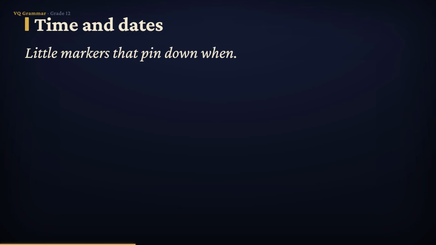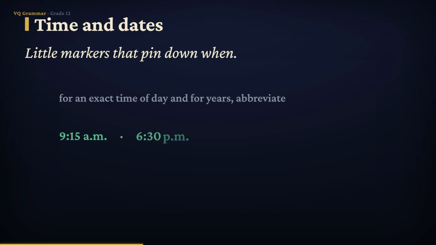Now time and dates. For an exact time of day, we use AM for the morning and PM for the afternoon and evening. The workshop starts at 9:15 a.m. and ends at 6:30 p.m. For years far in the past, we use BC, meaning before Christ, and AD for the era that follows.